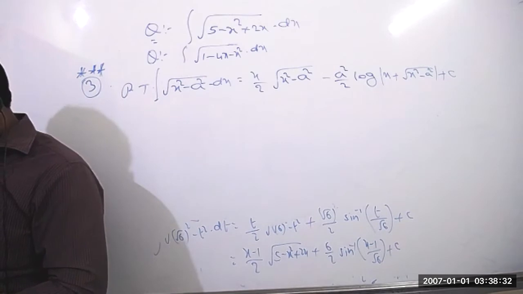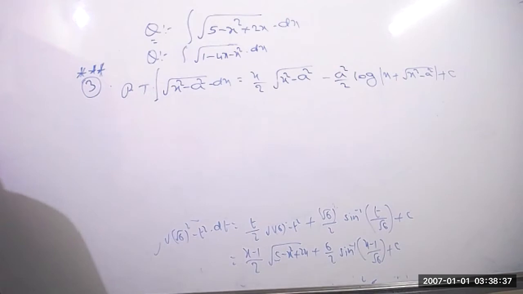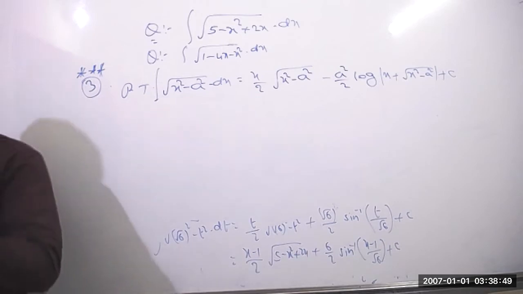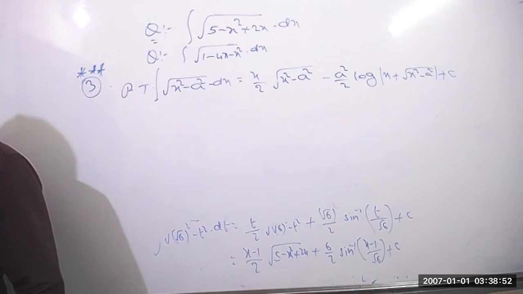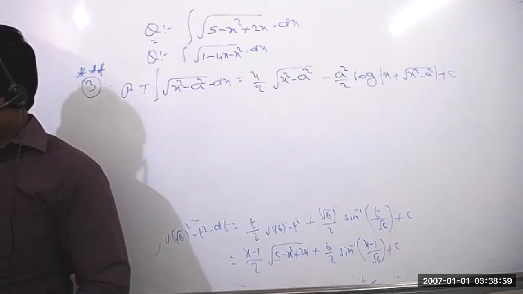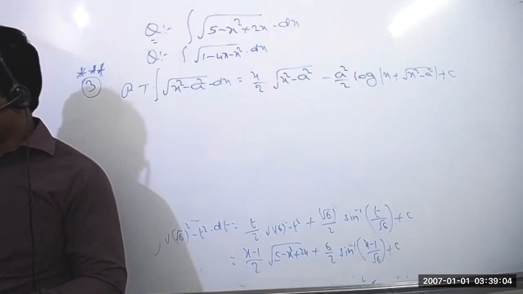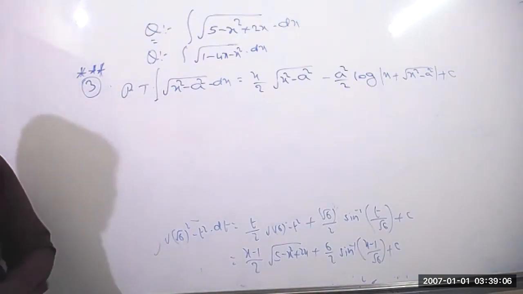Just apply integration by parts and do that. Same: f of x equal to root of x square minus a square and g of x equal to 1. Then you can solve it.